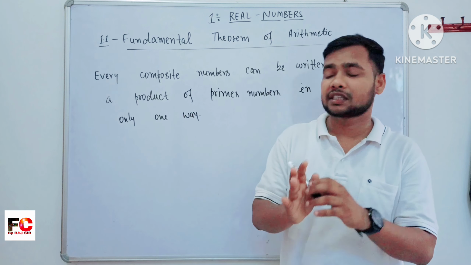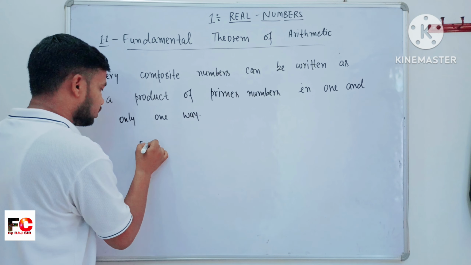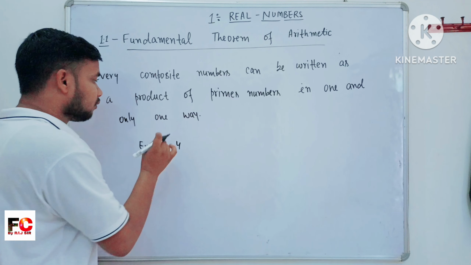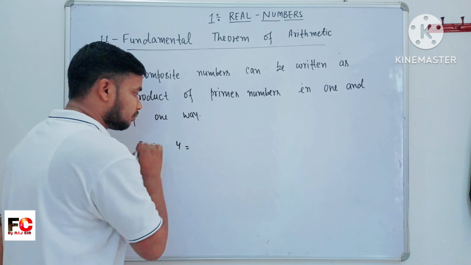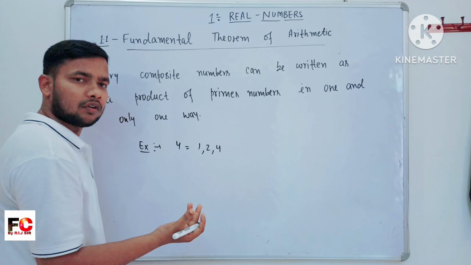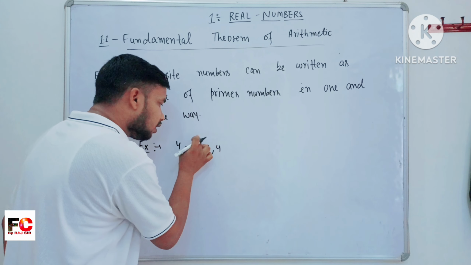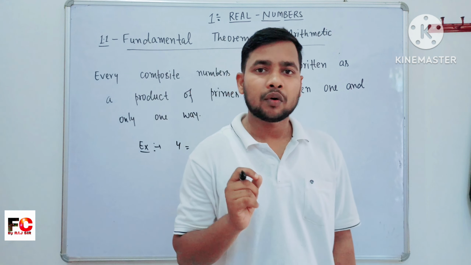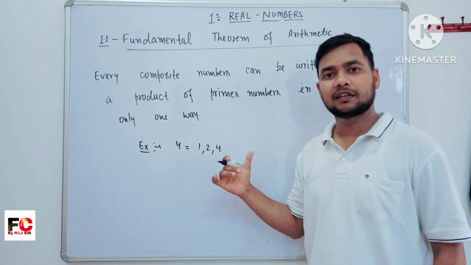Because 4 has 3 factors. 4 is divisible by 1, 2 and by itself. So 1, 2, 4 are the factors of 4, and 4 is a composite number.